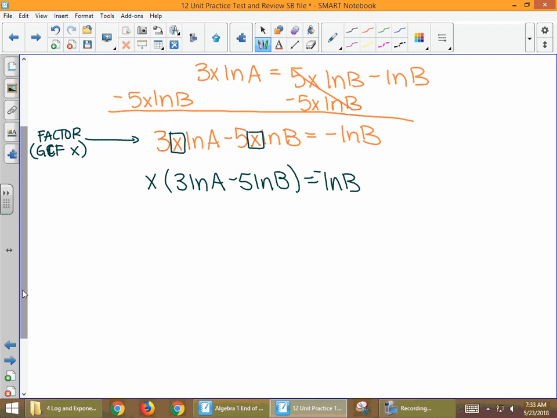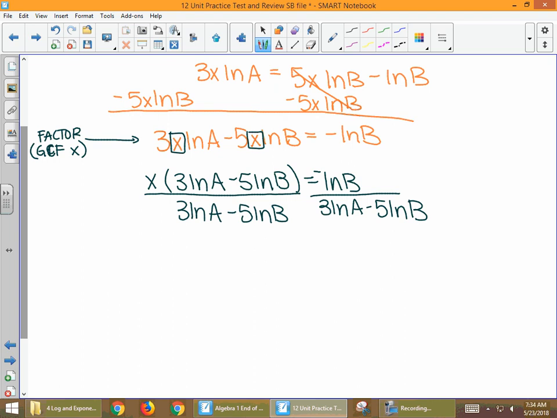Okay, so now we can divide both sides by 3 ln of a minus 5 ln of b. And our last step is going to be to combine.